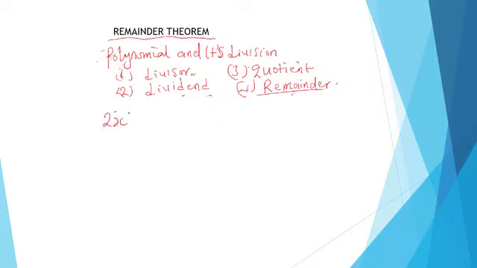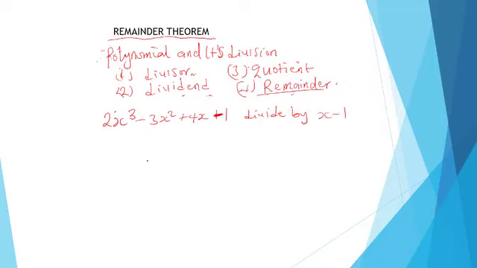Let's do a recap of what actually happened. Let's divide 2x^3 minus 3x^2 plus 4x minus 1 by x minus 1.